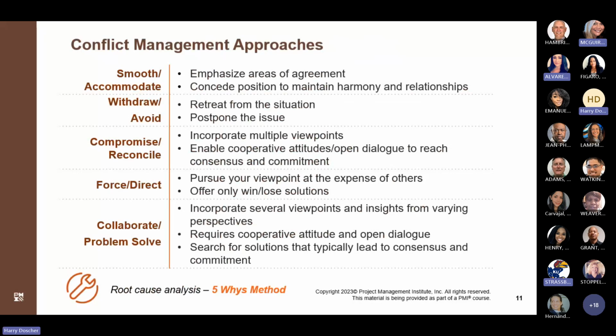There are several different approaches listed here on how to manage conflict.